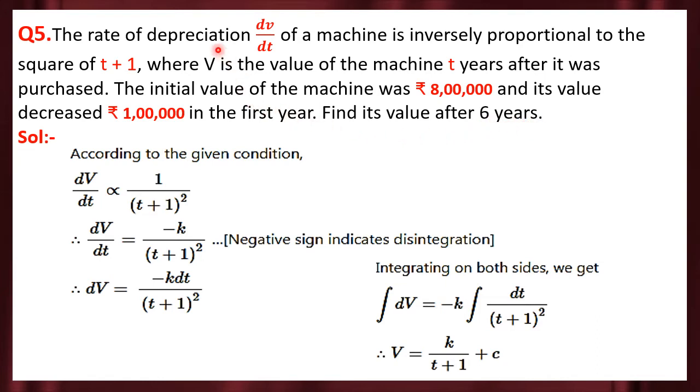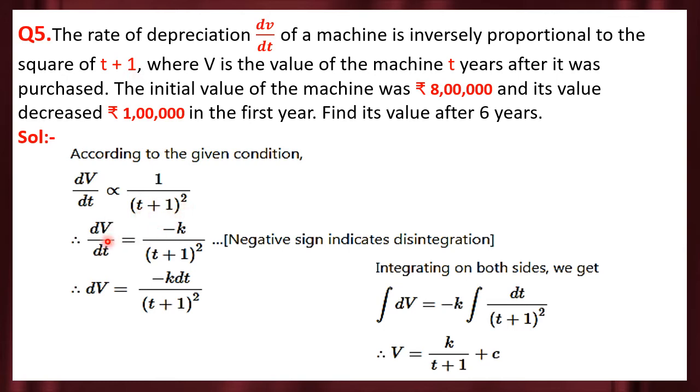Here depreciation, you know very well, is the decrease in the value after wear and tear. Now according to the given condition, dv by dt is inversely proportional to the square of t plus 1, means 1 upon t plus 1 the whole square.